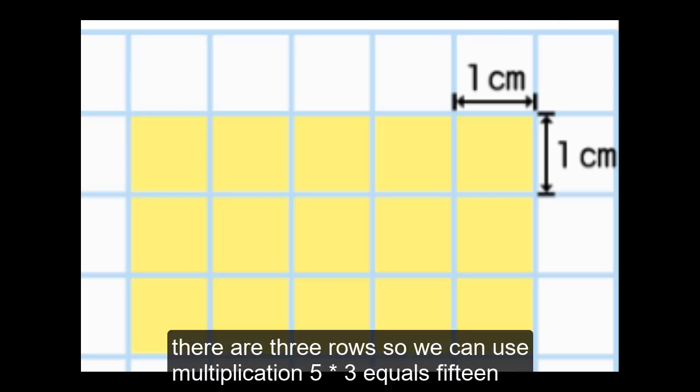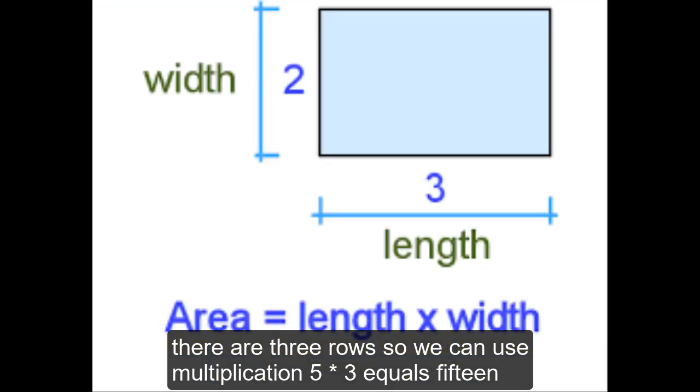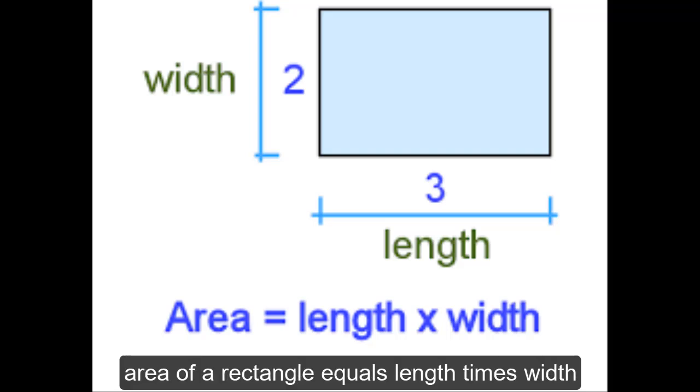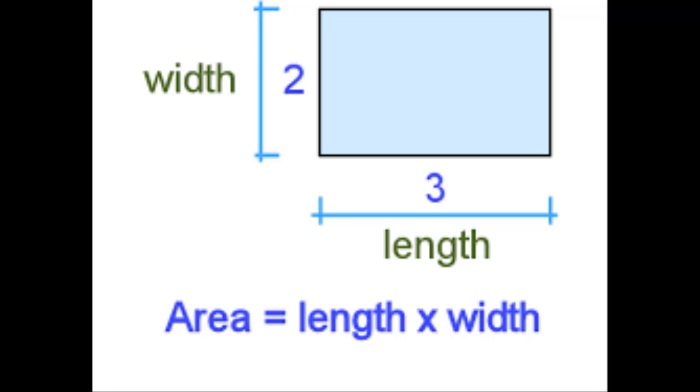But there is a faster way. There are 5 squares in each row. There are 3 rows. So we can use multiplication. 5 times 3 equals 15. This is why we use the formula. Area of a rectangle equals length times width.